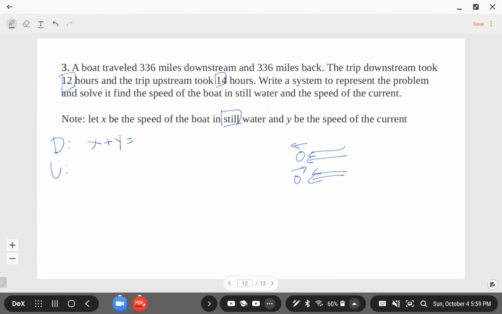Now, x plus y equals 12, right? That is incorrect. Now, x plus y equals 336, right? That is also incorrect.